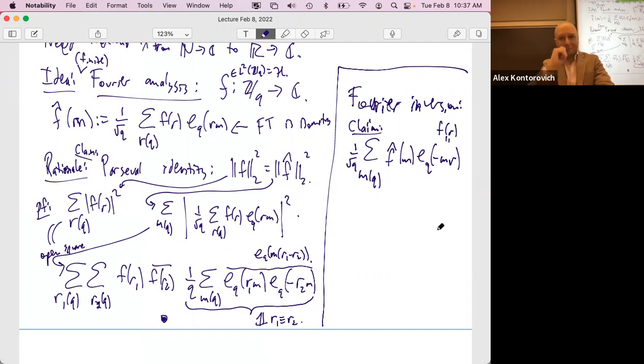It's just again, you open up what this is. Let me leave this as an exercise. You open up the sum, there's a 1 over root q here, a 1 over root q there, that gives you the identity.